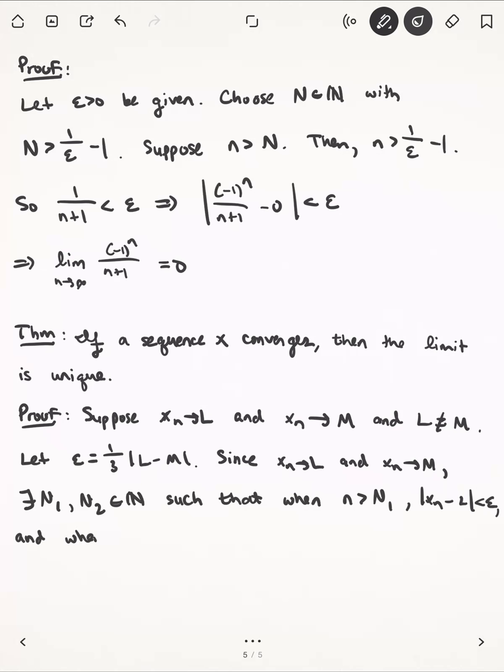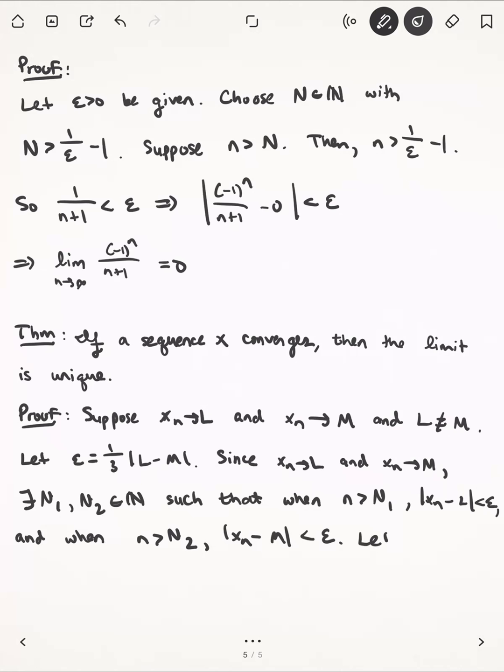And when n is bigger than capital N2, we have that the absolute value of xn minus M is less than epsilon. Right?